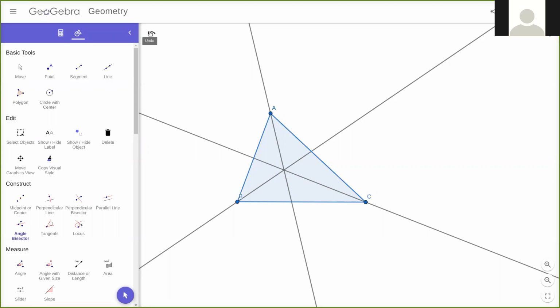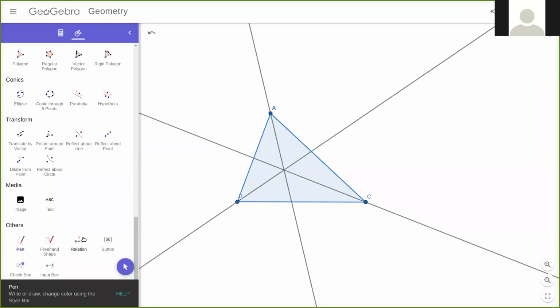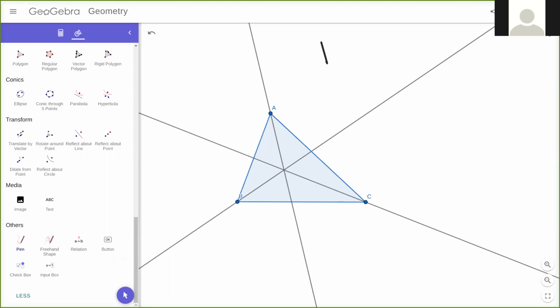So why is that? This one we can actually use Ceva's theorem. We can actually find BD over DC and the rest of them similarly. So how do we find these?